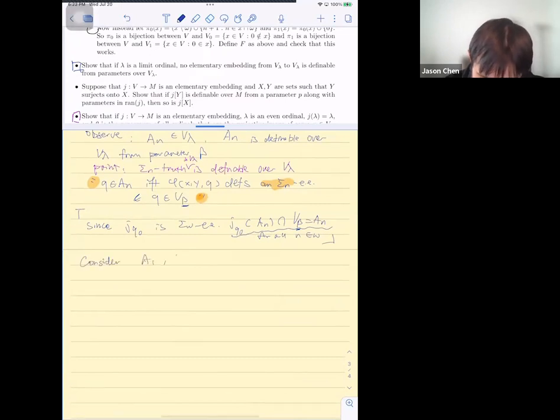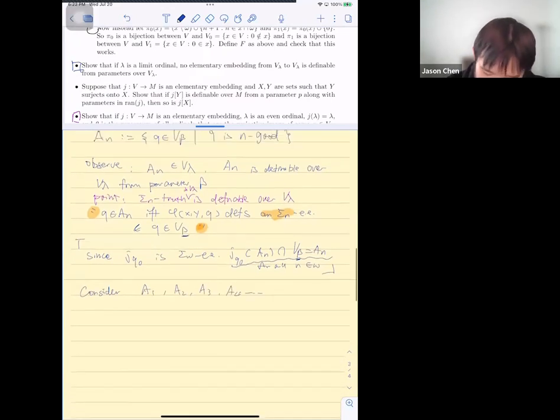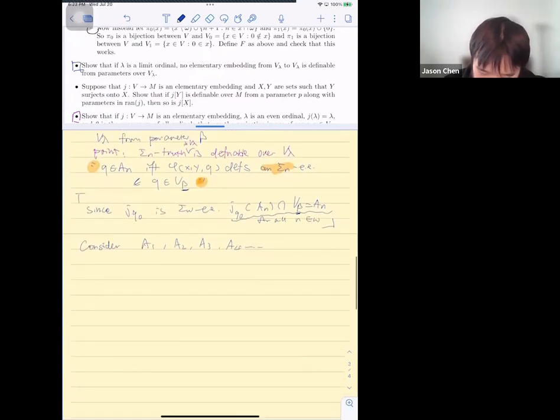the sets A1, A2, A3, A4. Consider these sets. If you think of them as coding properties, this is the property of parameters that say, okay, a parameter defines a sigma 1, sigma 2, sigma 3 elementary embedding from V lambda to V lambda.